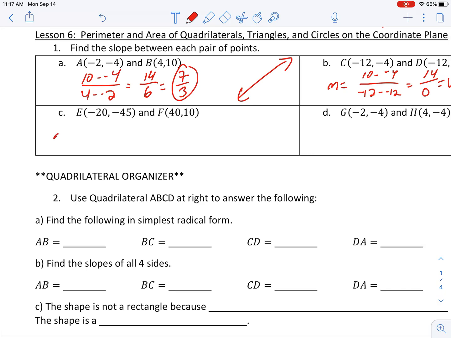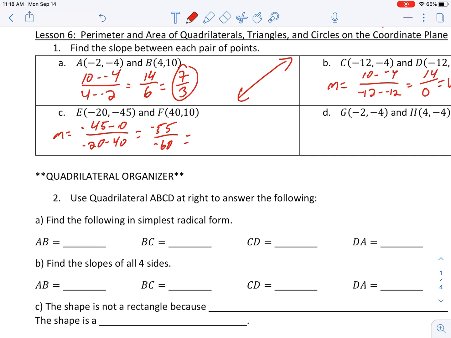Letter C. Change in the y's, negative 45 minus 10. Remember, I don't care what I start off with, just be consistent. So if I start off with negative 45, I need to start off with negative 20 minus 40. Negative 55 over negative 60. Sorry, that's not pretty. 2 negatives make a positive.